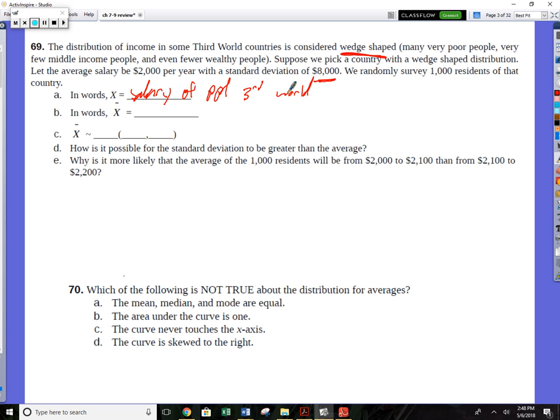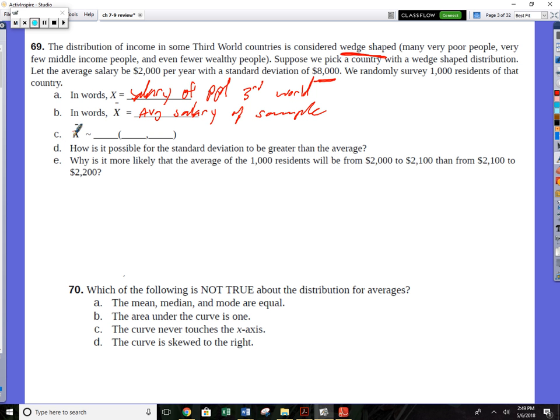Salary of people. Okay, now x bar, that's going to be the average salary of the sample. So x is just measuring salaries, but x bar, we're going to sample 1,000 of these people, and we're looking at the average of those people.